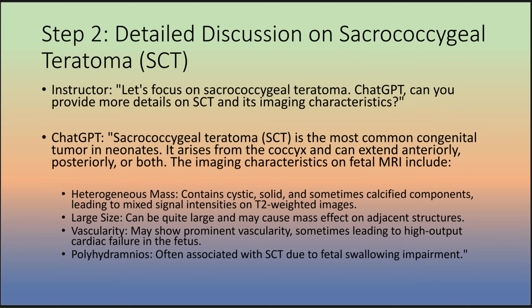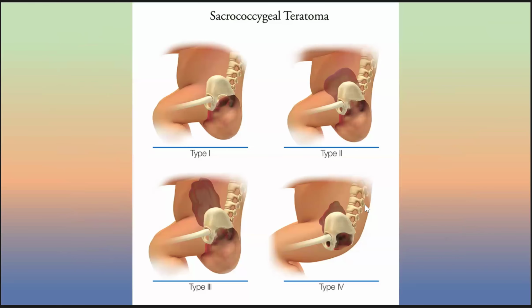Type 3, the tumor is mostly inside the baby's body but can be seen from outside. Type 4, the tumor is completely inside the baby's body and cannot be seen from outside. Here, this is type 1 as we have in our case.